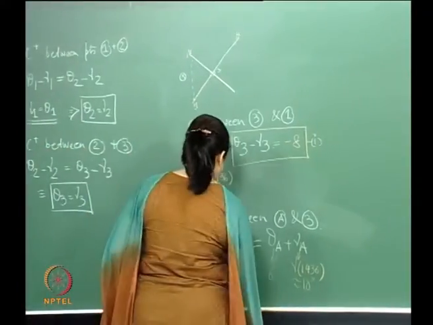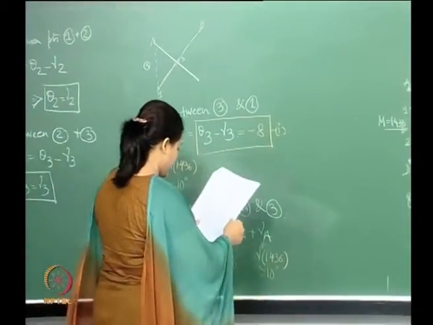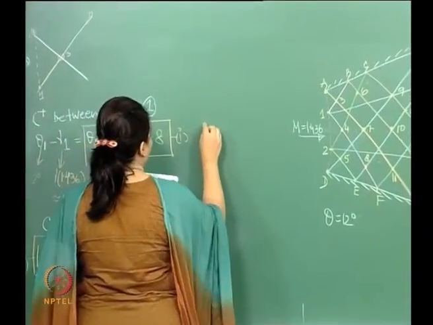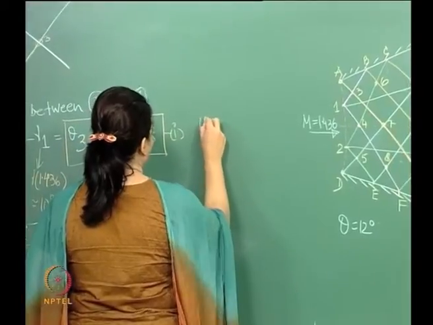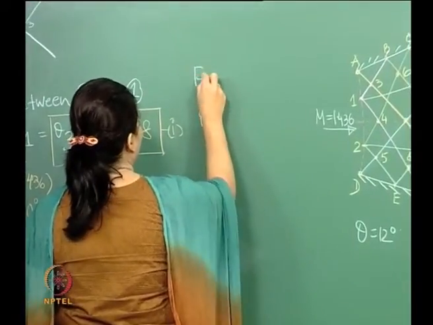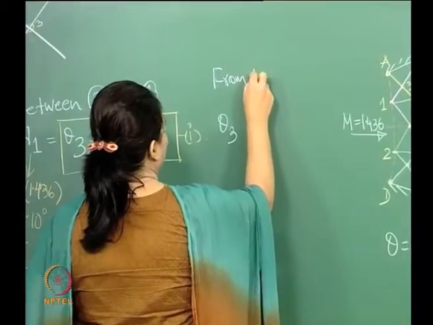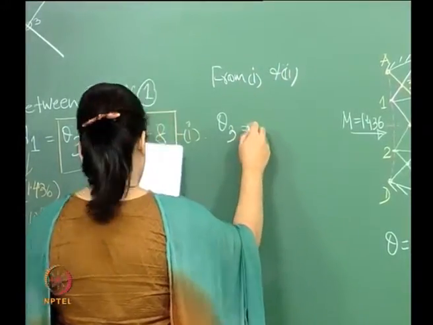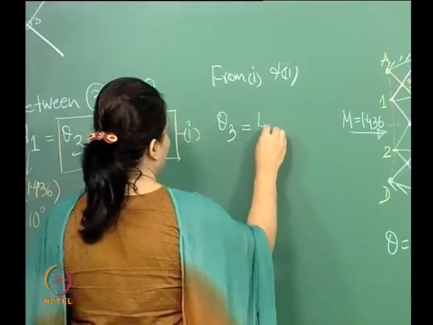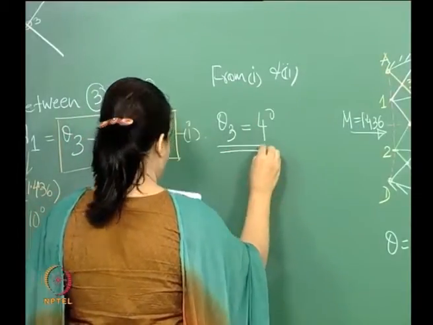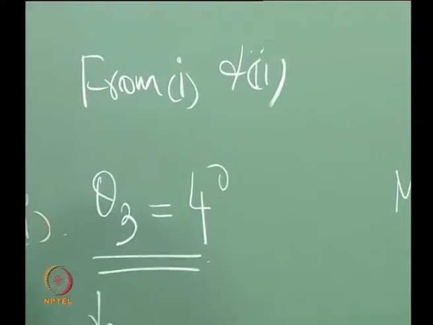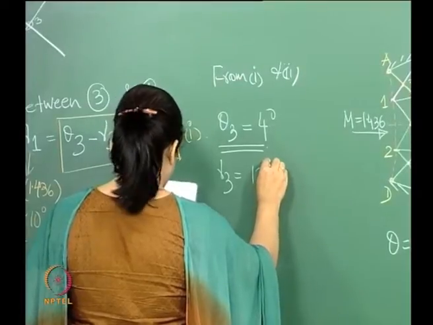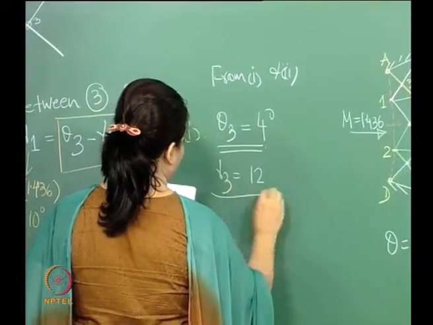So if you do that, what you get is, if you eliminate theta 3, theta 3 is equal to 4 degrees, okay, and mu 3 is equal to 12.